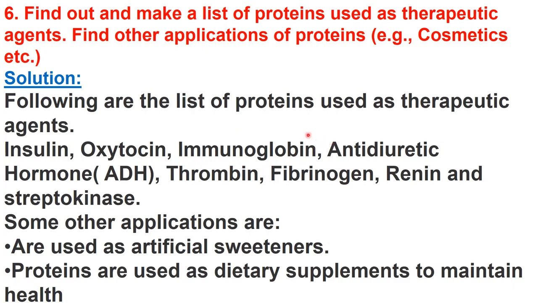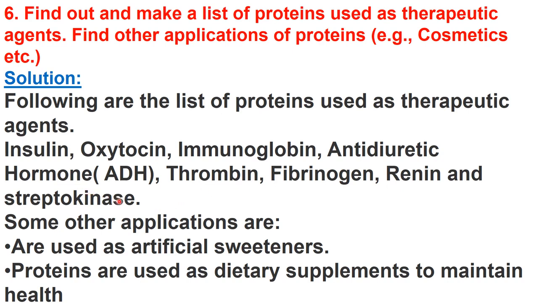Immunoglobulins are antibodies. Then antidiuretic hormone, that is ADH, is also helpful in kidney problems. Thrombin is a blood clotting agent. Fibrinogen is also a blood clotting agent. Then renin and streptokinase are clot busters, meaning if any clot is formed inside the arteries and veins.